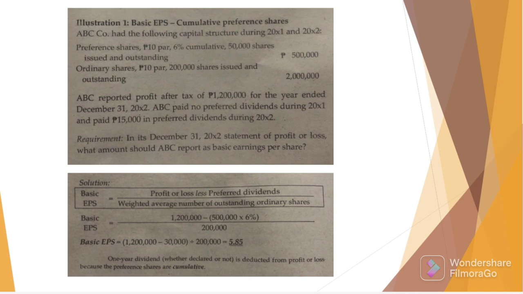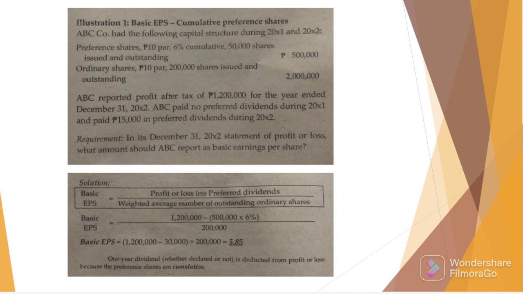Yung 500,000 ay from 50,000 shares times sa par value na 10 pesos. That would make 500,000 tas minultiply yung 6% kasi yun yung cumulative na given sa preference share.